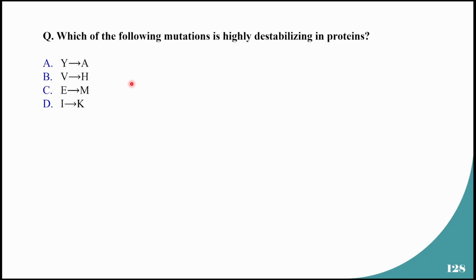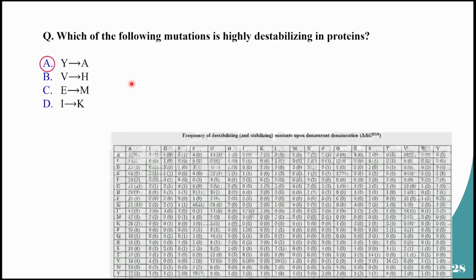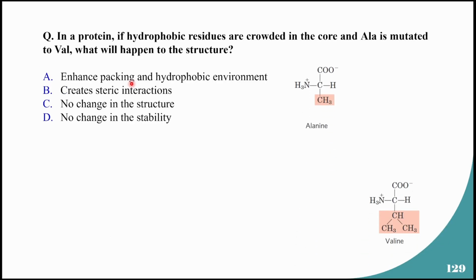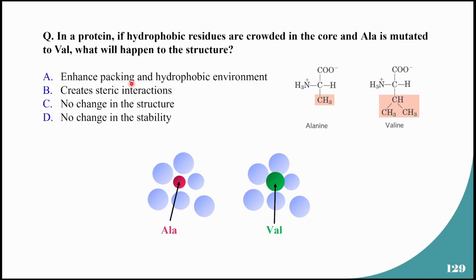So that's the correlation that was mentioned here. And then as I just said, it matters which type of mutation is occurring, and it matters what the surrounding environment is, basically. Okay. So we see the alanine and valine residues case.